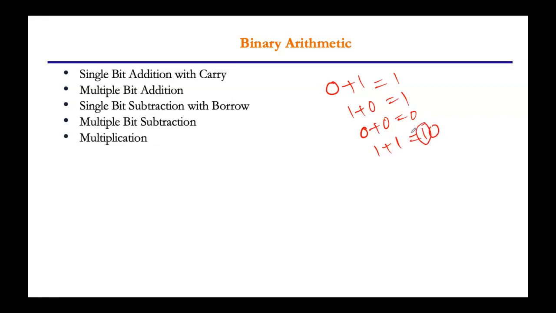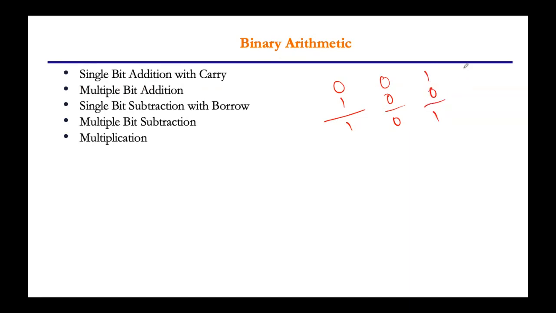So we call this bit your carry bit. So with carry, we can write 0 and 1 is 1, 0 and 0 is 0, 1 and 0 is 1, 1 and 1 is 10. So this portion we call your carry bit, right?